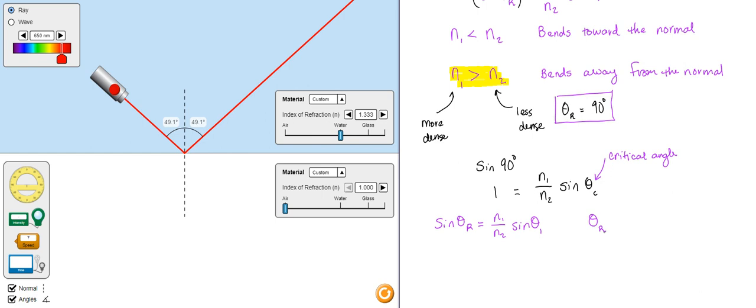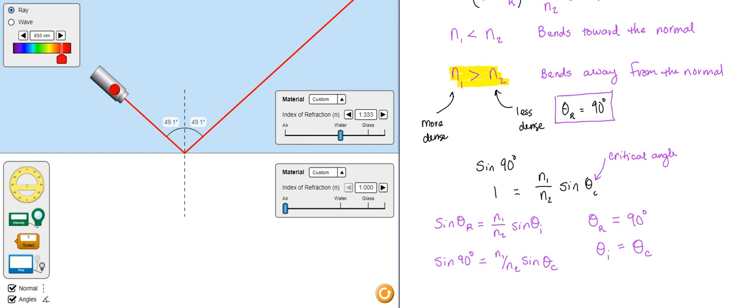The refracted angle is, we're assuming, 90 degrees at the critical angle, and the angle of incidence, this angle over here, is going to be equal to the critical angle at that specific time. Now what we can do is replace these values. So I'm going to write sine of 90 degrees is equal to n1 over n2 times the sine of the critical angle.